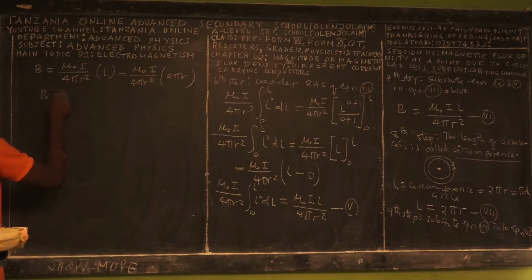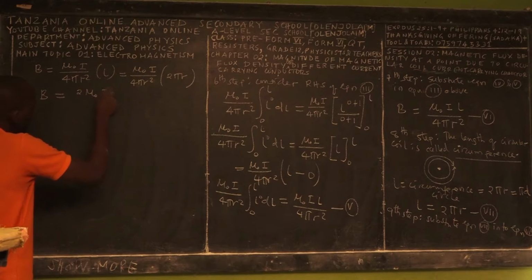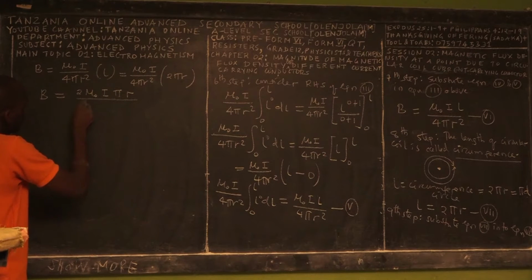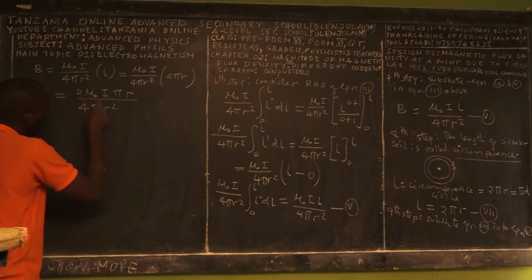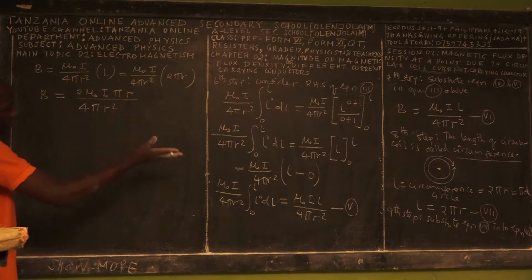So the magnetic flux density is equal to twice the permeability of free space times current times pi times radius over 4 pi distance squared. Because the radius is just the distance, also for the circular coil.